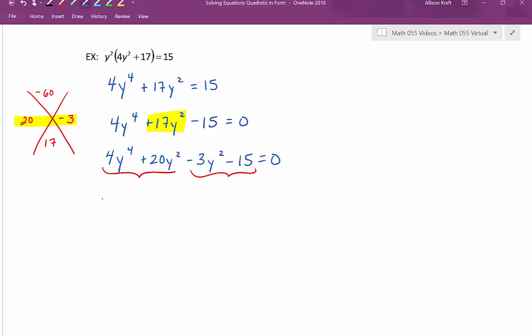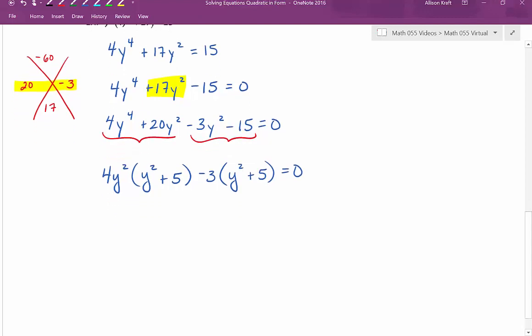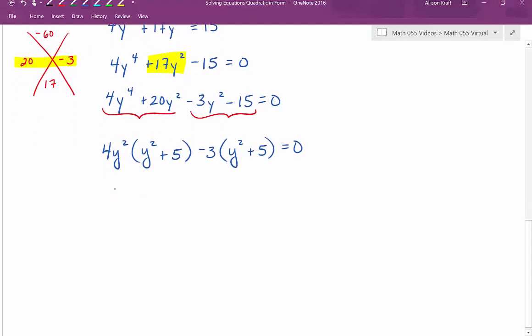GCF out of the first two terms, 4y squared. That'll leave us with y squared plus 5. The GCF out of our second two terms is negative 3. That leaves us with y squared plus 5. There's the common binomial factor that we need to factor out.